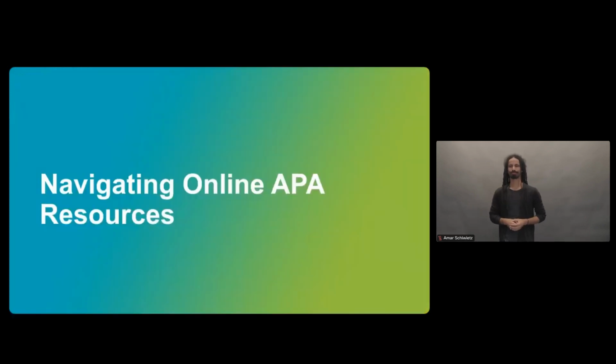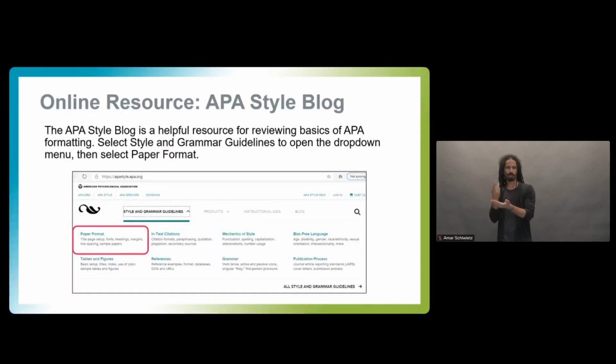All right, now just to wrap up very quickly here. We're a little bit over time, I apologize. But navigating online APA resources, we strongly encourage you to check out the APA Style website. This website has the style and grammar guidelines, and there's one dedicated entirely to paper format. So check that out.